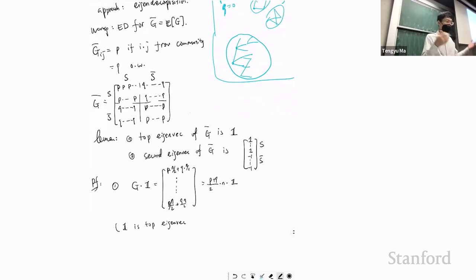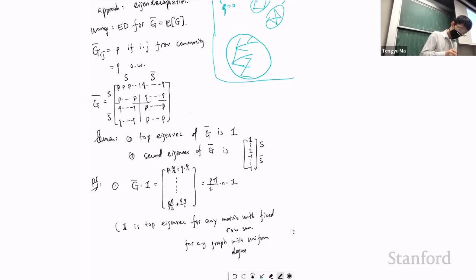Actually, even for more general graphs or weighted graphs, for any matrix with fixed row sum, or any graph with so-called uniform degree, right? The degree of a graph is literally the row sum of the adjacency matrix.